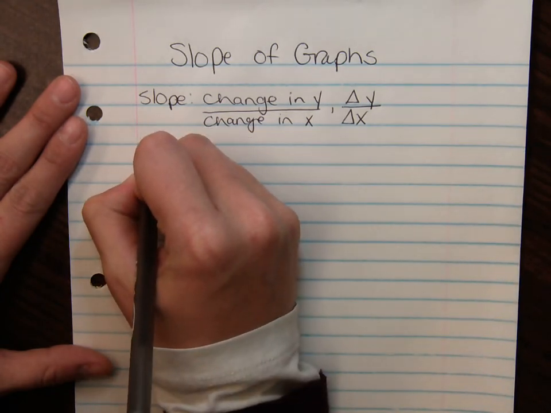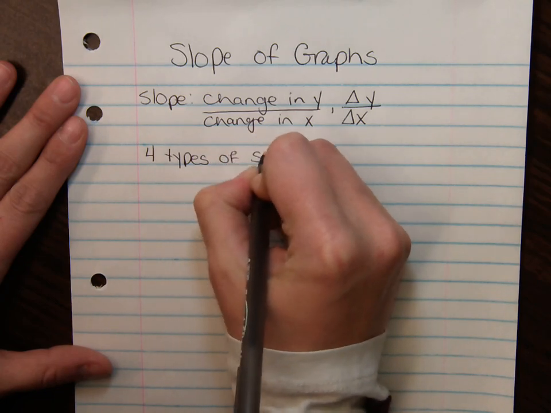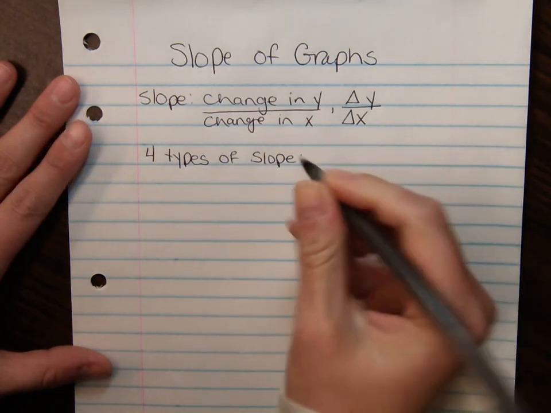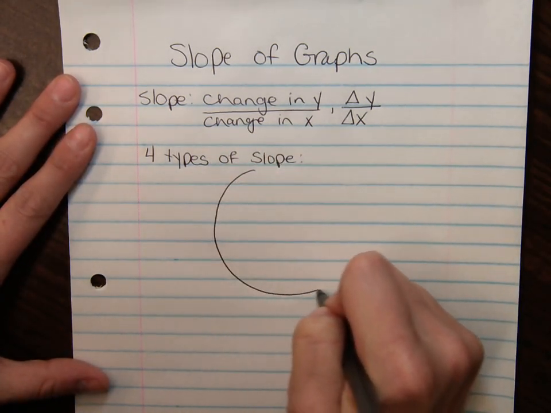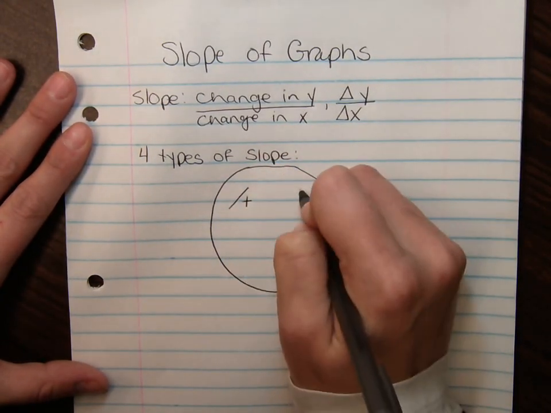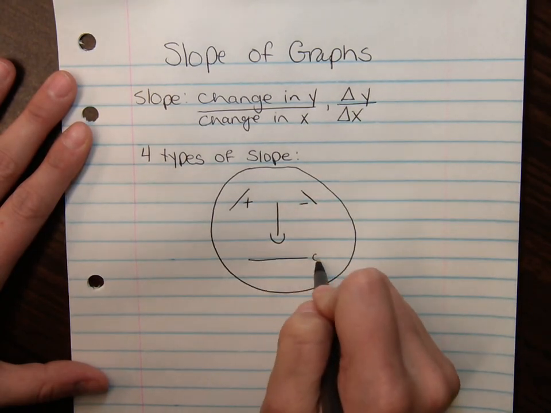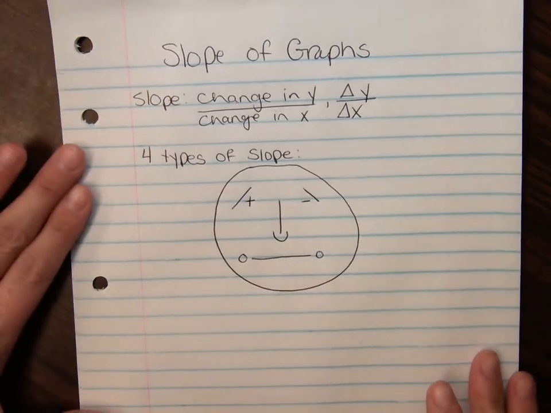So we have 4 different types of slope. And I reference this with SlopeMan. We have some eyes, we have the nose, we have his mouth. And he's kind of sad.